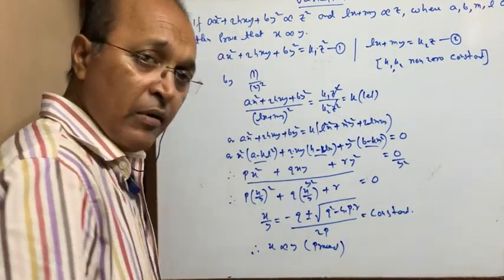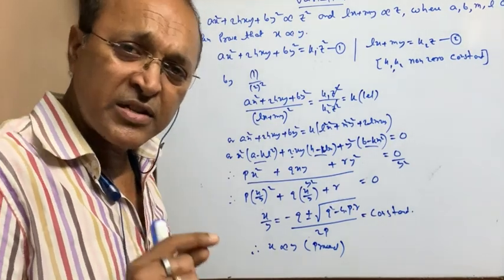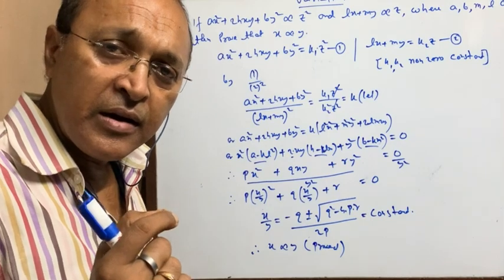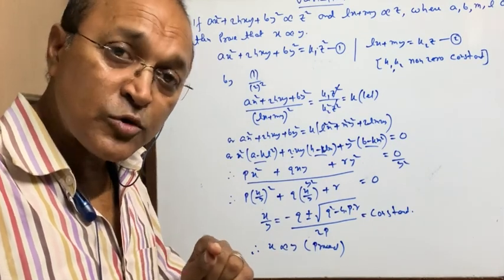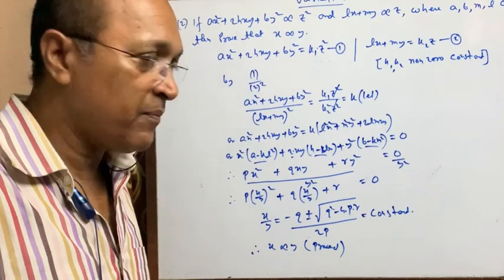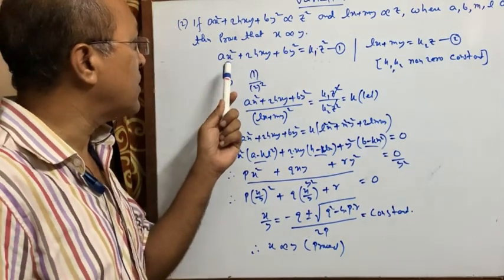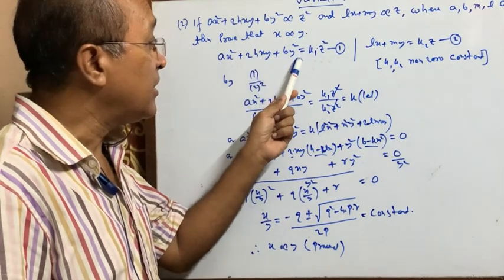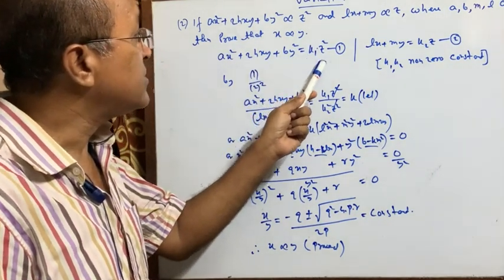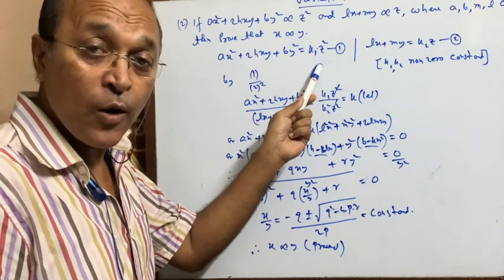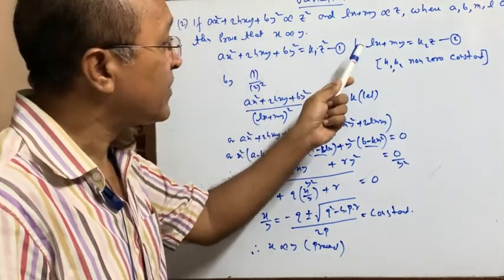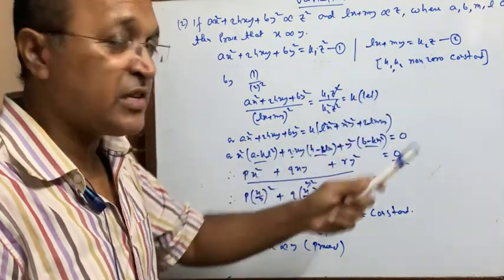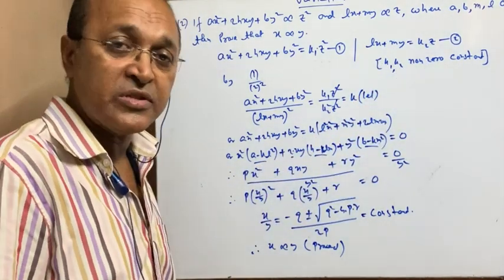Okay. This particular problem is a bit critical and interesting. Twisting is there in most of the lines. Try to understand. Here the question was, ax square plus 2hxy plus by square is equal to k1 z square, where k1 is non-zero variation constant. Here Lx plus My is equal to, I have considered k2z, where k2 is also non-zero variation constant.